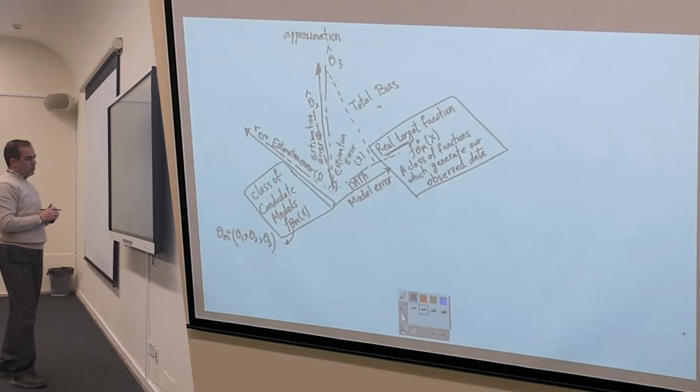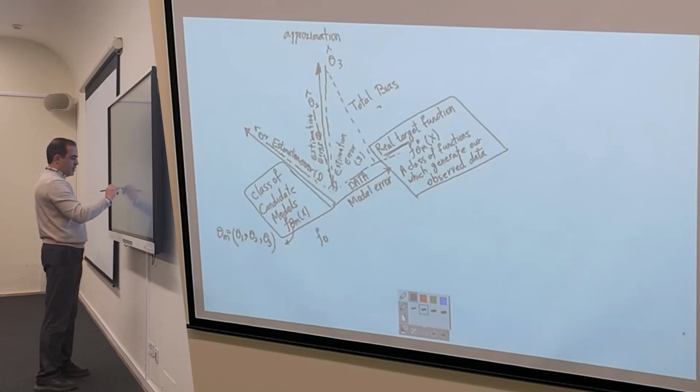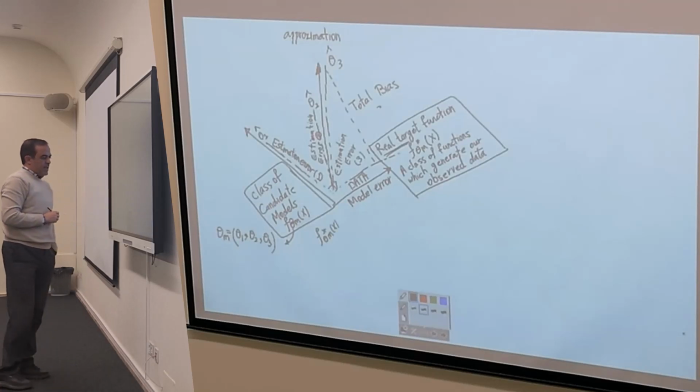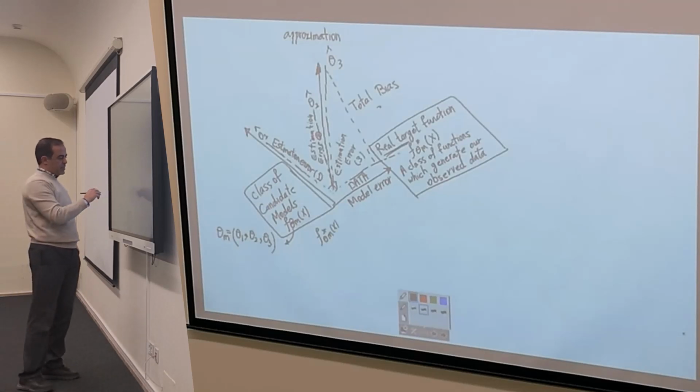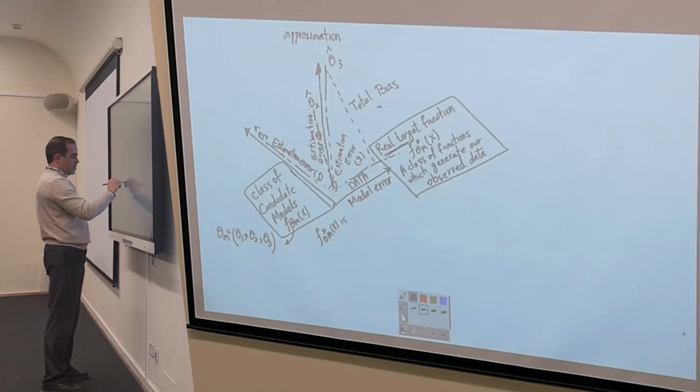Okay, so what I have here as the real target function, the f x with the parameters theta m star, is projected on the smaller continuous linear space.